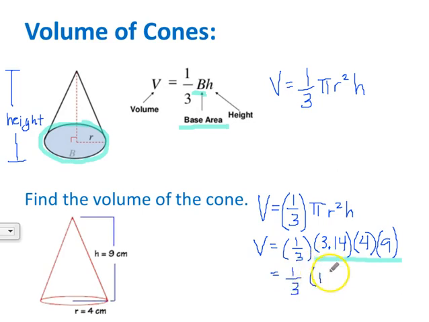When I multiply 3.14 times 4 times 9, I got 113.04. And then I'm going to take that answer and divide it by 3, or multiply it by 1/3. And that'll get us our final volume of 37.68. I need to include units of measurement, or you will not get full credit. Centimeters cubed, because we're dealing with volume.